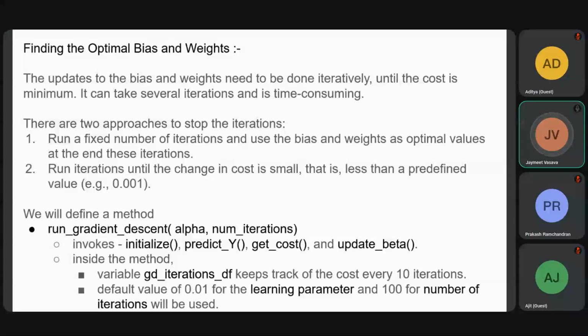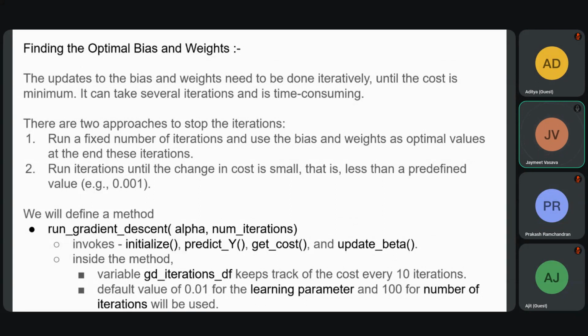Now this run gradient descent will invoke the initialize method, the prediction of y values method that we have used, then the get cost method, and the update beta method. All the methods that we have used in the past will be invoked by this method.